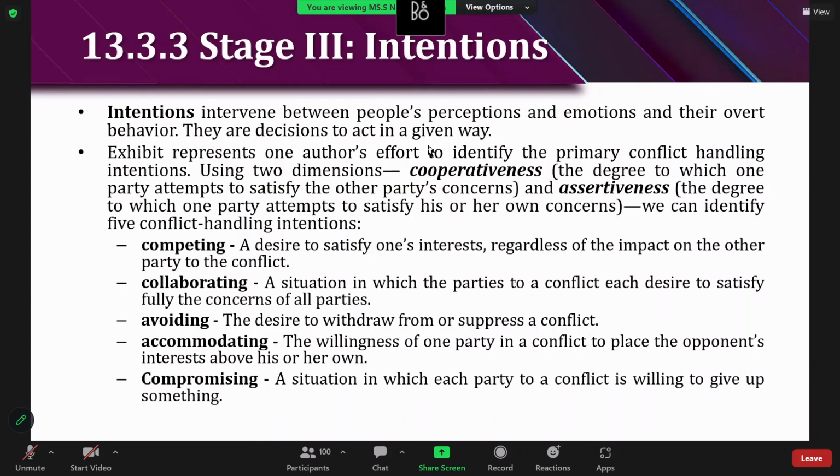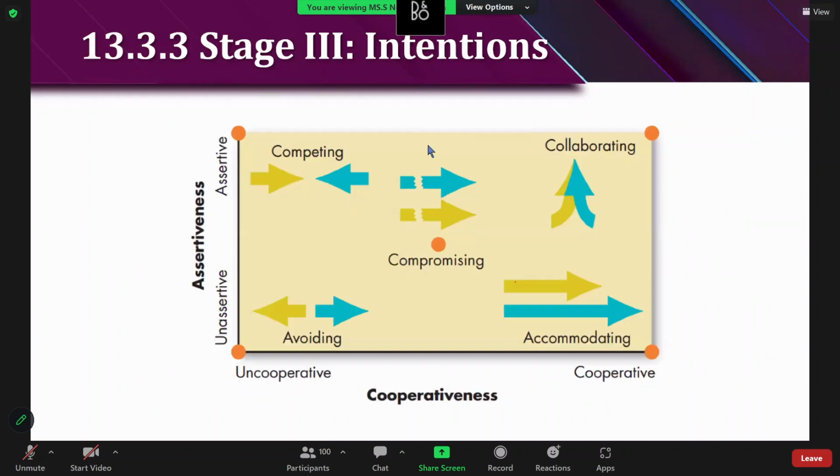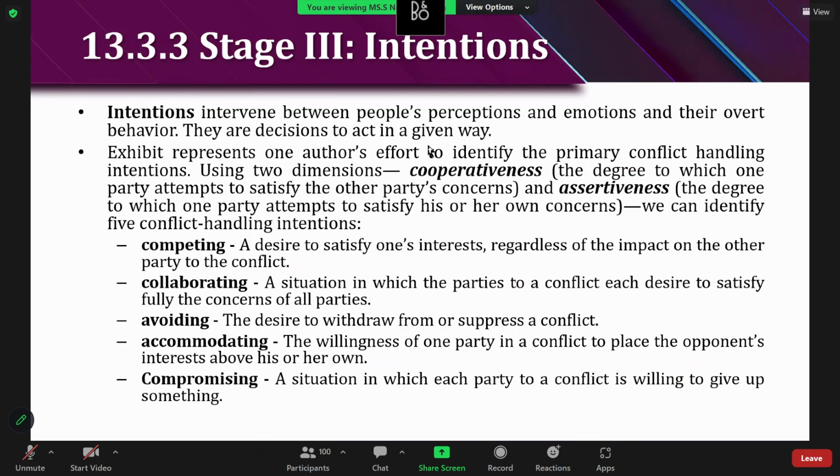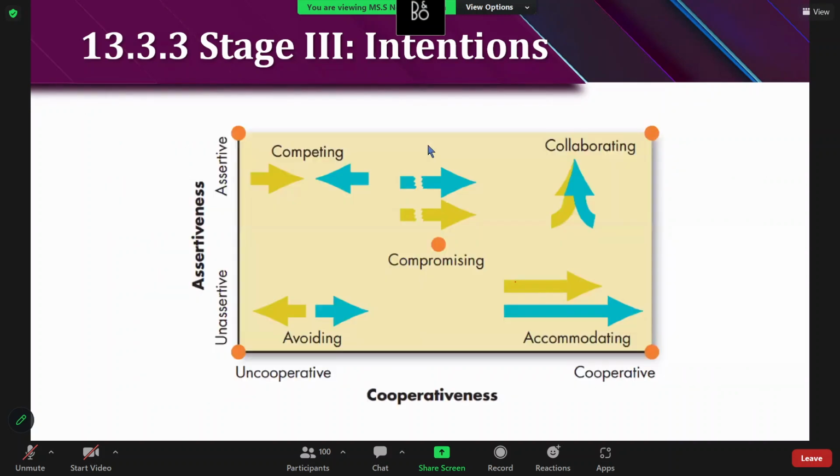Okay, so competing is the desire to satisfy one's own interest. Here you can see the assertiveness is really high, in the sense that they desire to satisfy their own needs and wants. They don't care about the other people, regardless of the impact on the other party to the conflict. And collaborating is a situation in which the parties to the conflict each desire to satisfy fully the concerns of all other parties.